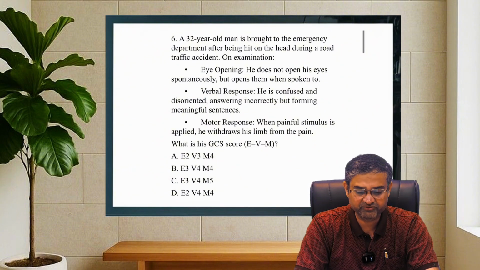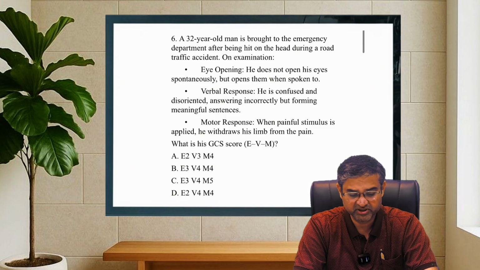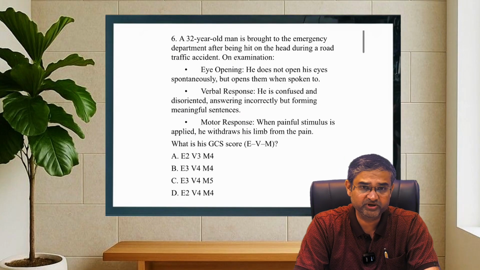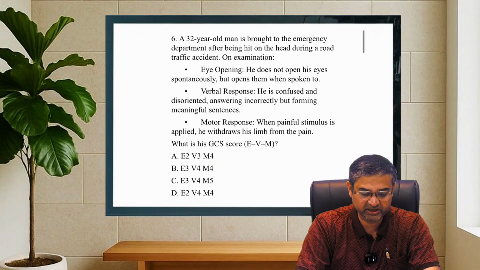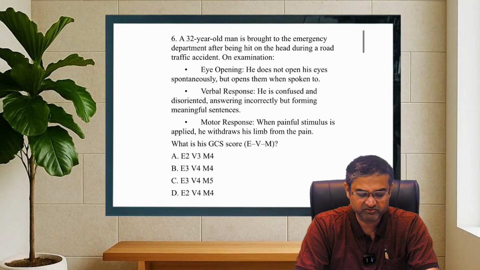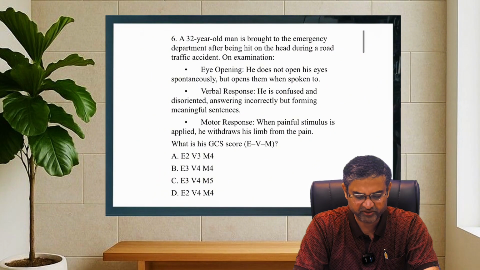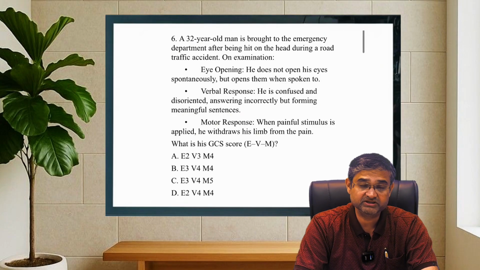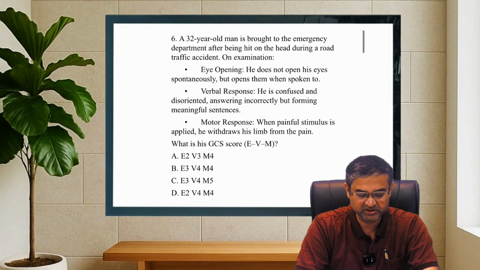Eye opening, what we give GCS score for eye opening: E4 is spontaneous opening, E3 is eye opening to speech, E2 is eye opening to pain, and E1 is no eye opening. For verbal response, V5 is oriented patient, V4 is confused but speaking appropriate words, V3 is inappropriate words, V2 is incomprehensible sound, and V1 is none, no sound, not speaking.